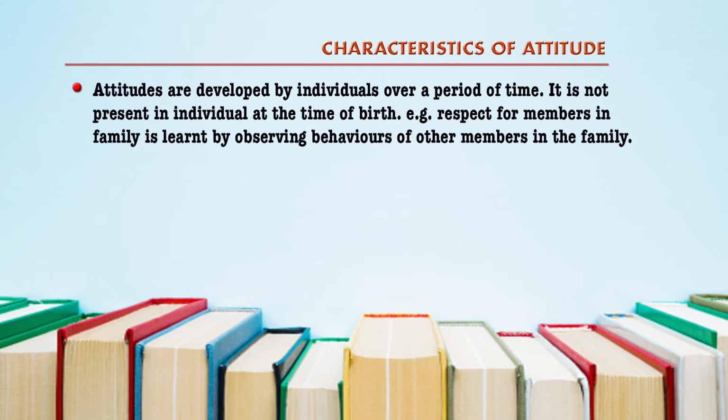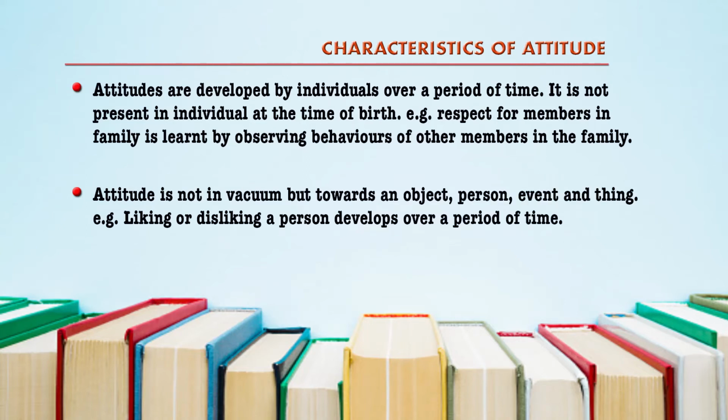As an example, respect for members in the family is learned by observing the behavior of other members in the family. So, how do you develop the positive behavior, the favorable behavior, the desirable behavior? That is possible when we observe things in our family. Okay.